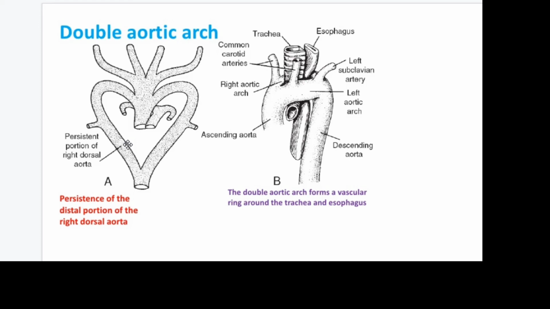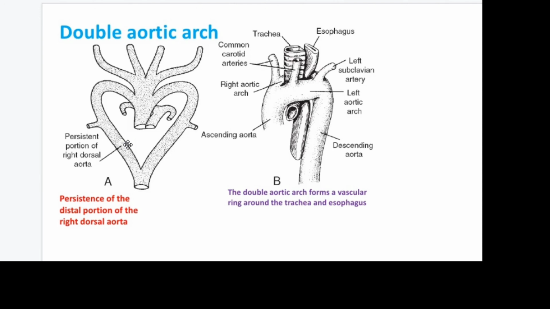So we have a double aortic arch being formed. It's a vascular ring around the trachea and the esophagus. Persistence of a portion of the right dorsal aorta gives rise to a double aortic arch, and it will compress the trachea and the esophagus.